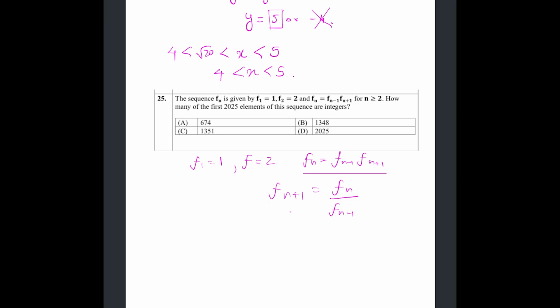This just means that the next term is the ratio of the previous two terms, right? So f3 will be equal to f2 by f1 and f4 will be equal to f3 by f2 and so on, right?